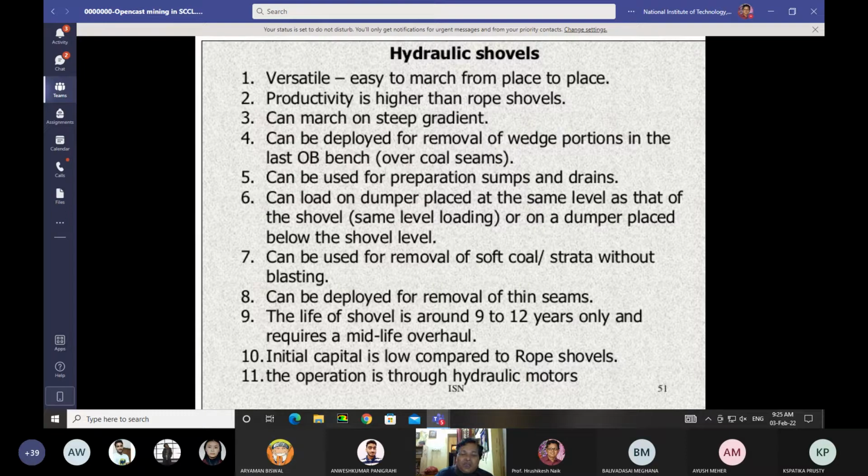Then the initial capital cost is low compared to the rope shovels. As I have told, the electrically operated rope shovels are very costly compared to the hydraulic shovels. That is why a small mine, a small company, which doesn't have enough money, has to go for diesel operated hydraulic shovels, small size shovels.